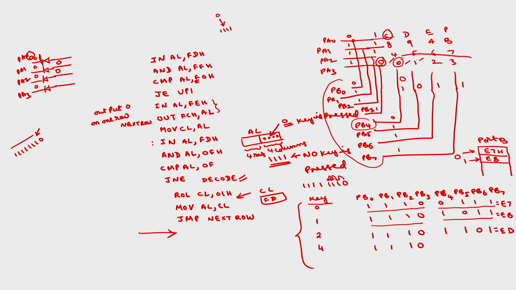Corresponding to all these 4 keys, this code is 1110 only, this will change. Here this 0 will be shifted. So 0 was here initially, now here, now here, now this will be the last one, shifted towards the right by 1 bit position. 1110, this 3 is connected in P7 line. Okay. So this will be E. Similarly, you can obtain the codes for 4, 5, 6, 7 and so on.